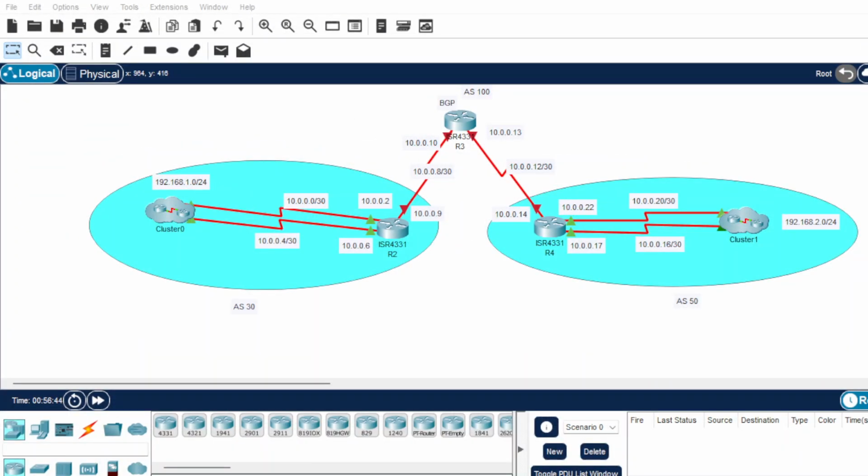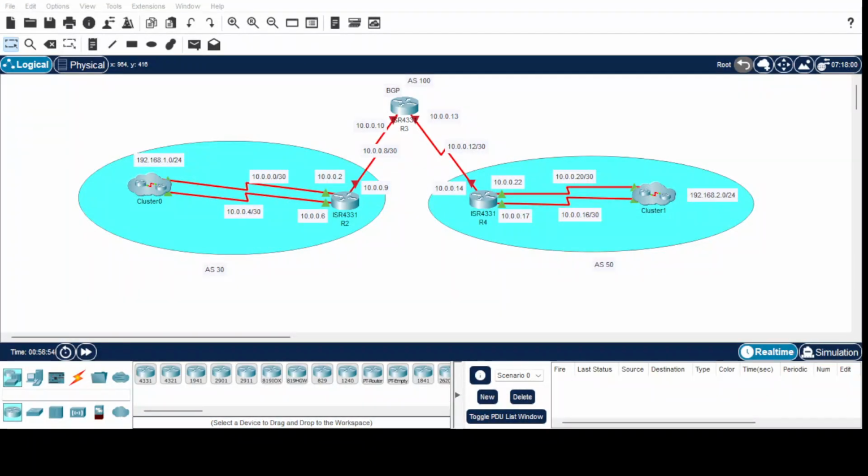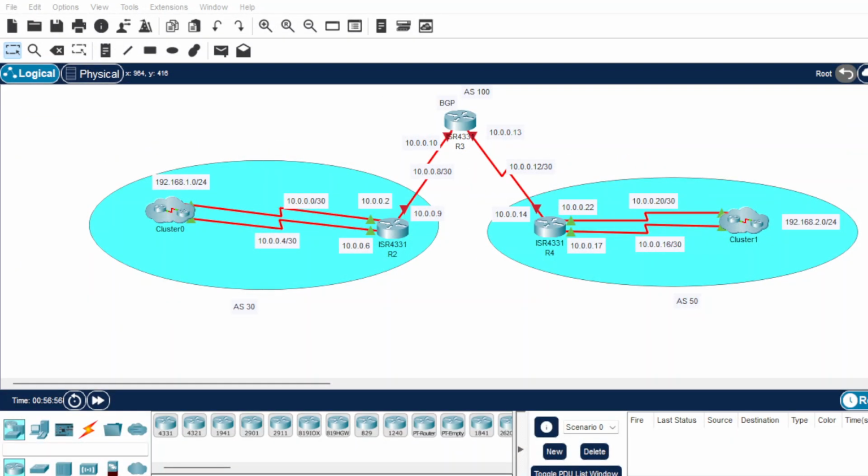Router number 4, correct? Wait a moment.